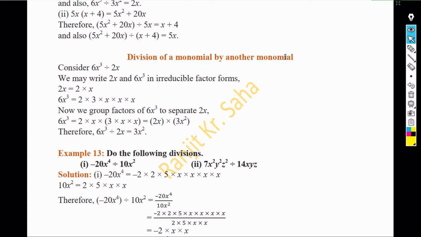Then when we are dividing 6x cube by 2x, we can write 6x cube as the product of 2 into 3 into x into x into x, and 2x as 2 into x.